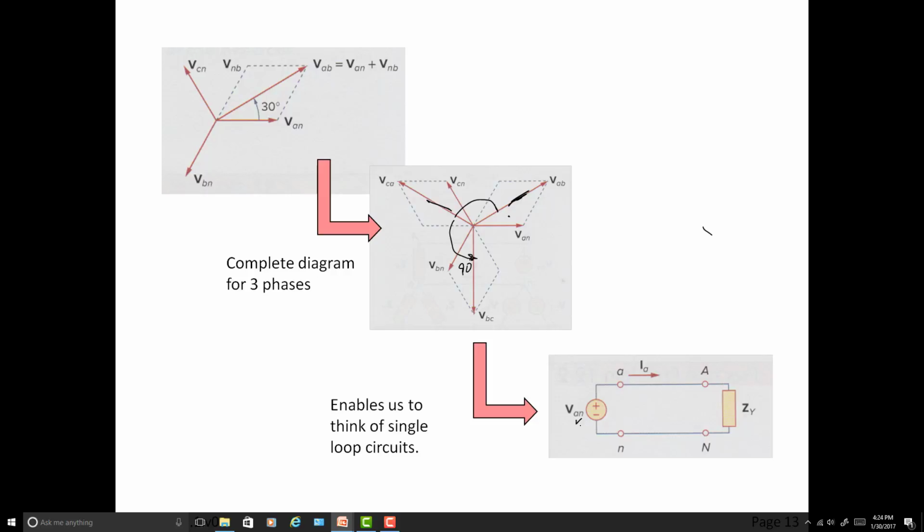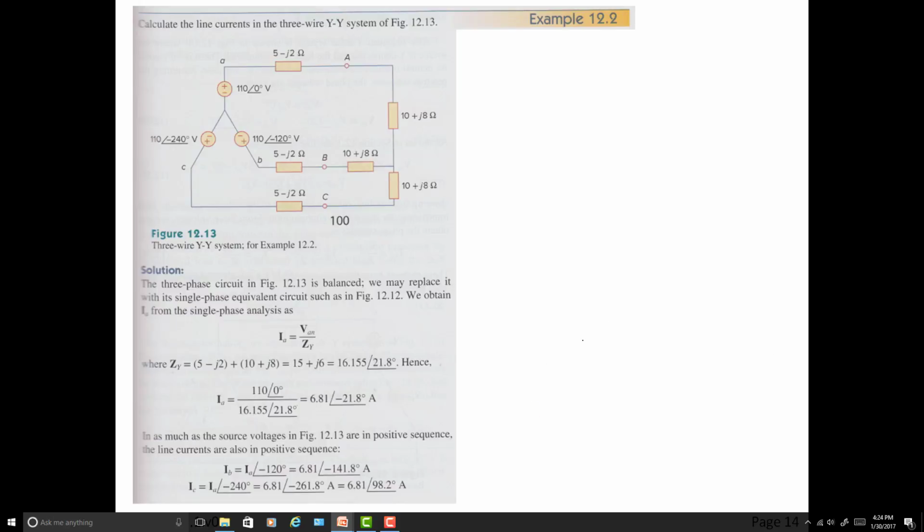We can do all the substitutions and make this source a VAB kind of source, and switch this to a Z delta, right? And we still keep with our single loop things, but we've now shown a very easy, direct relationship between line voltages and phase voltages. And it isn't going to matter whether it's Y or delta.